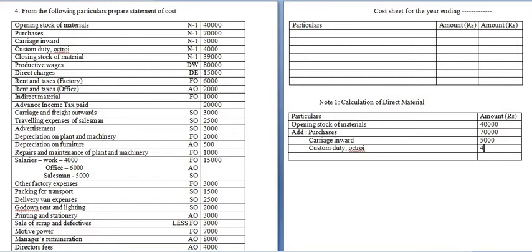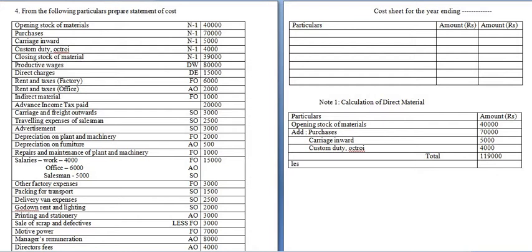Amount is 4,000. Okay, now make total. Total is how much? 1,19,000.